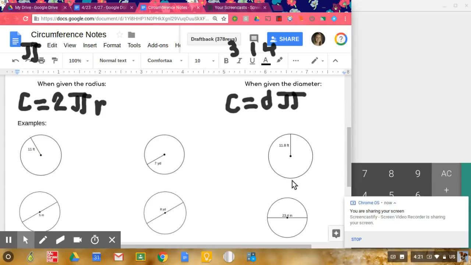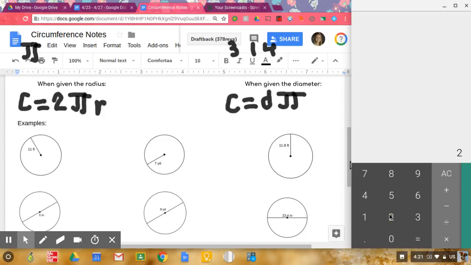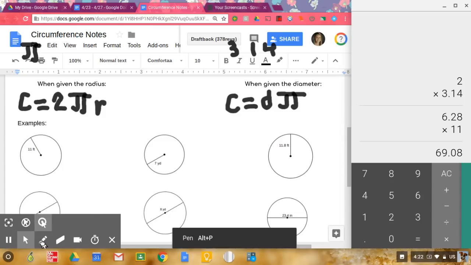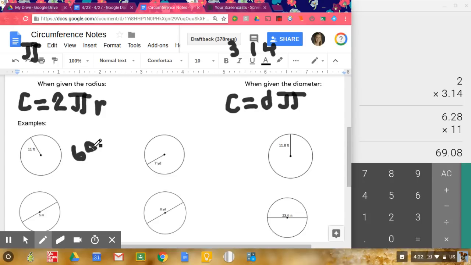So that's going to be 2 times 3.14 times 11 equals 69.08. And then it would also be labeled as feet. It's not feet squared because it's not area. It's just the same thing as perimeter, and perimeter is not labeled in squared feet.